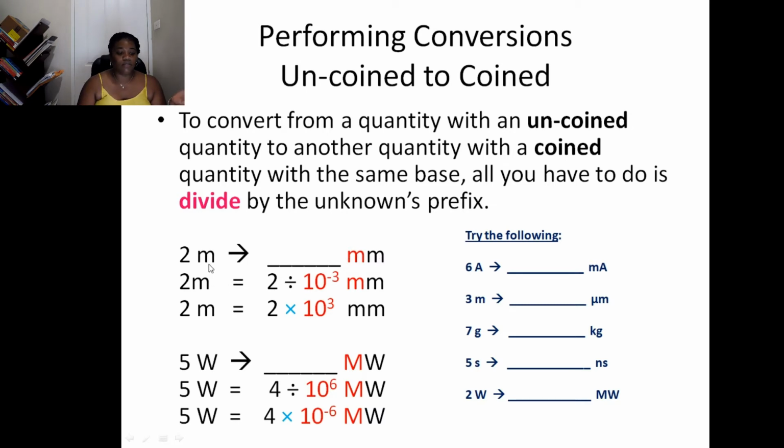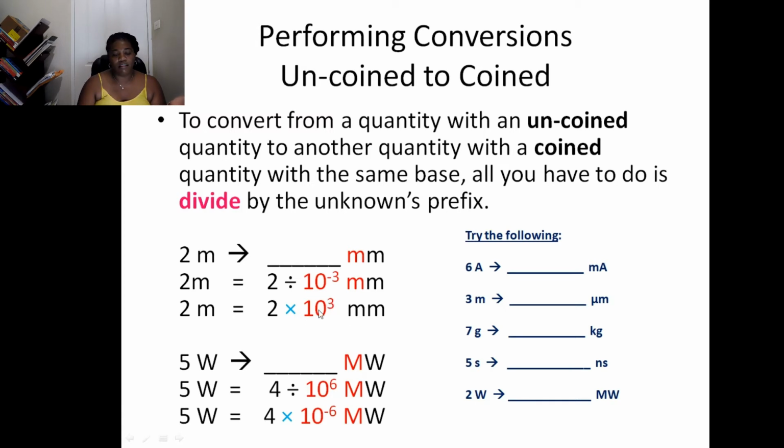So all you would have to do, if you're going from meters to millimeters, you divide by 10 to the negative 3, because that's what milli is equal to. And then to make it in the way that you want to see it, because usually you want to write it as a multiplication, you just put the multiplication sign in there and you get rid of this sign.